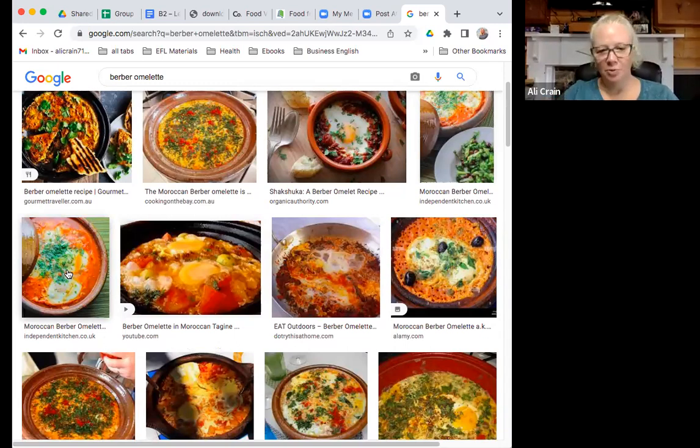Then you would eat it with bread, and occasionally with some of the olives in it. But it's always interesting to me how foods can be very similar in different cultures. There may be a couple of ingredients different or a different style of how it's made, but a lot of it is very similar in what we eat.